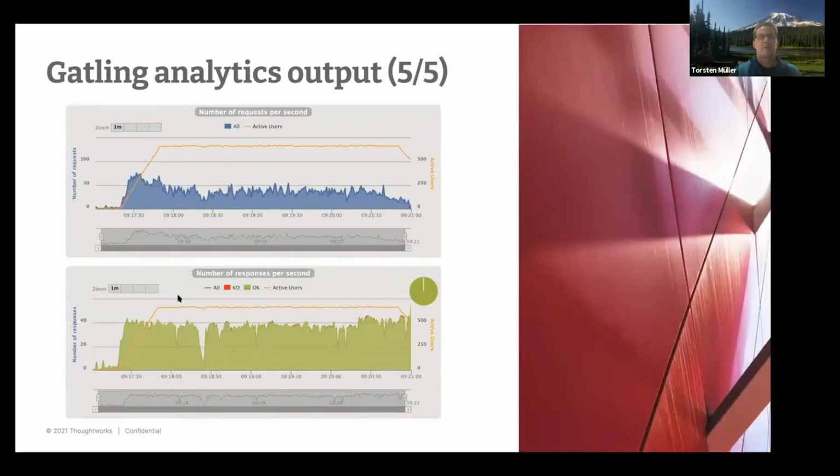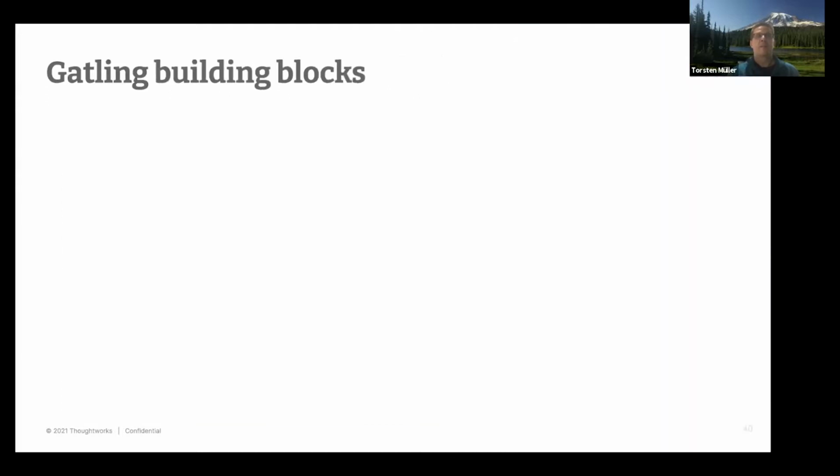You can see how many requests were made for all users, and you can see responses. So you see here, there's some red. So there were some failing. Initially there's very little red, and then here it starts popping up, and here it becomes a little bit more prominent. So this is all useful information to see how a system reacts over time.